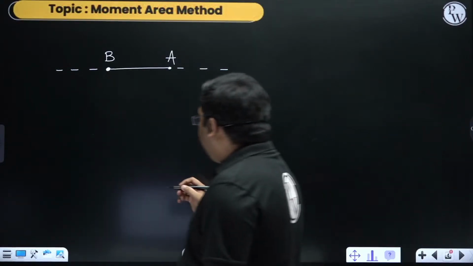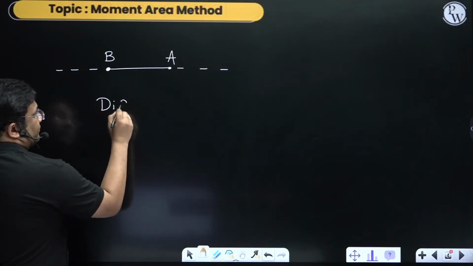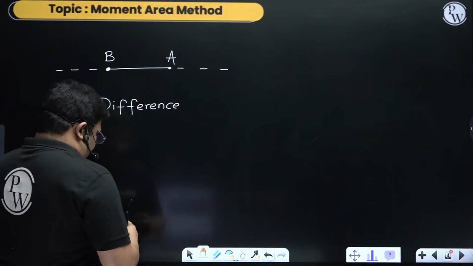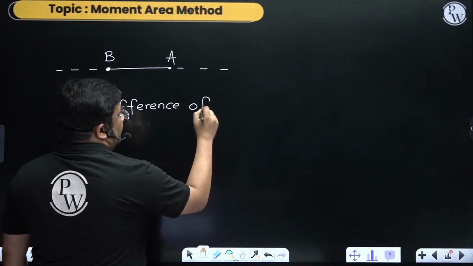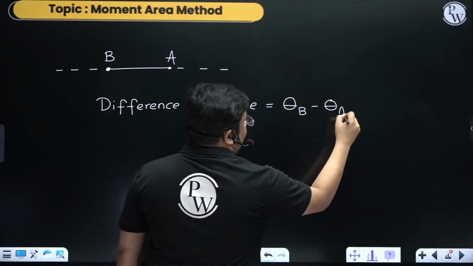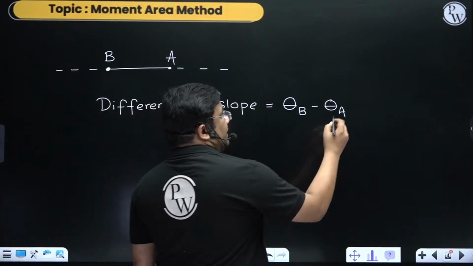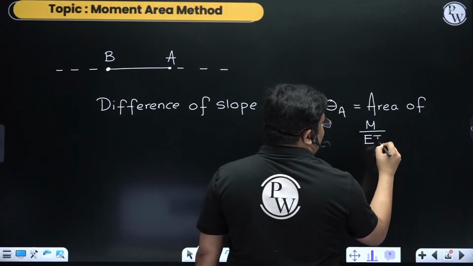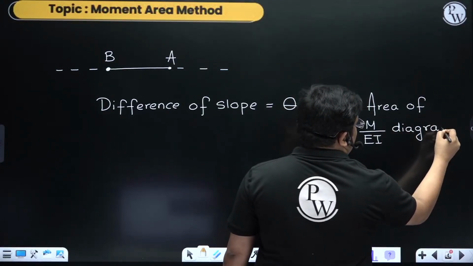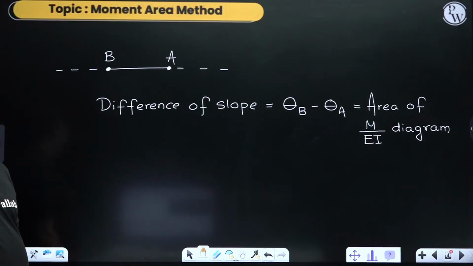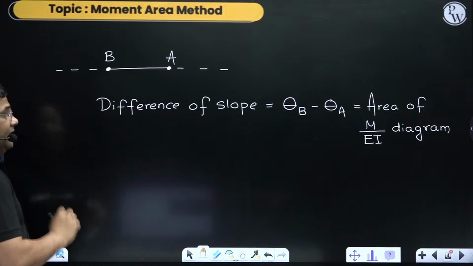The moment area method is that the difference of slope, the difference of slope will be the slope at B, theta, and the slope at A. The difference of slope will be equal to the area of the M by EI diagram between the points A and B. We'll understand it better when we apply it, so wait for the questions. First we add the formula, then we will apply it.